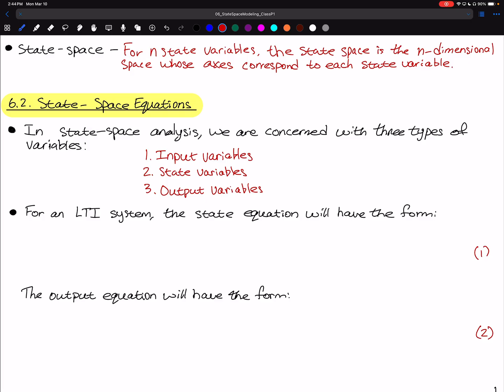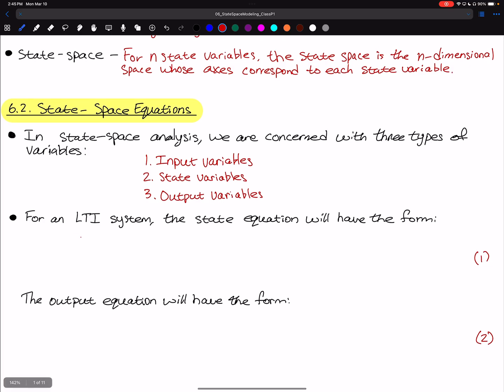Okay, for a linear time invariant system, the state equation is going to have the following form. We'll have our first state variable x1 dot equal to a11 times x1, that's just the first coefficient times the first state variable, plus a12 times x2, plus dot dot dot, plus a1n times xn.